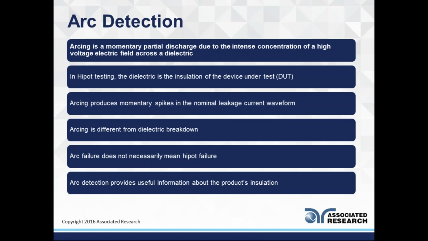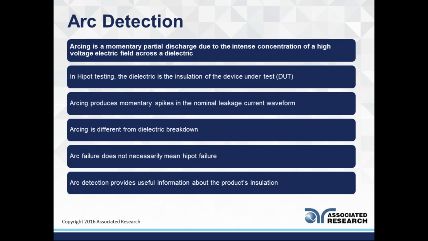So let's talk a little bit about arc detection. Arcing is a momentary partial discharge due to the intense concentration of a high voltage electric field across a dielectric. That's a mouthful that I'm sure people could read 10 times and still not be sure what it is. When there's a high electric field or voltage on an area, or for our applications insulation, there can be this luminous kind of corona, we call it.